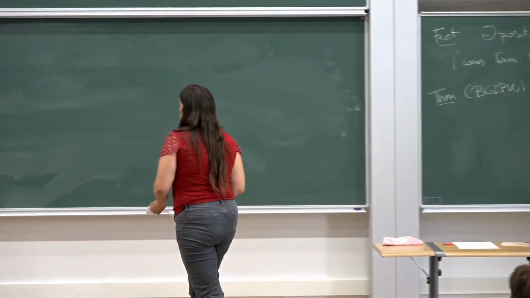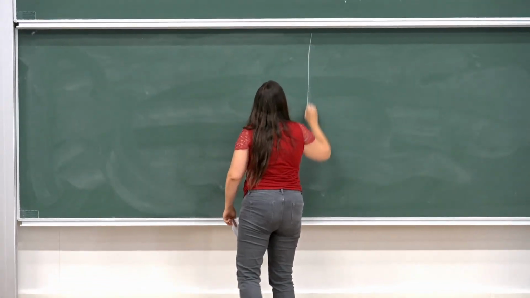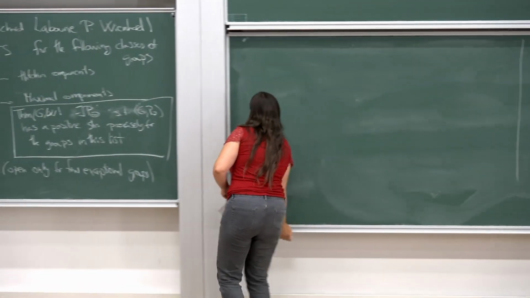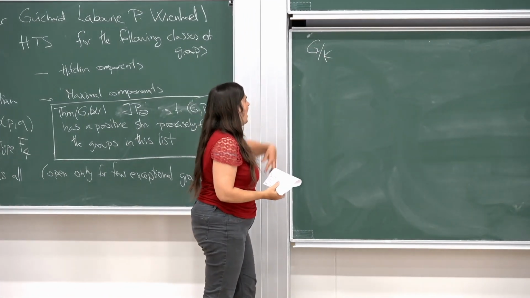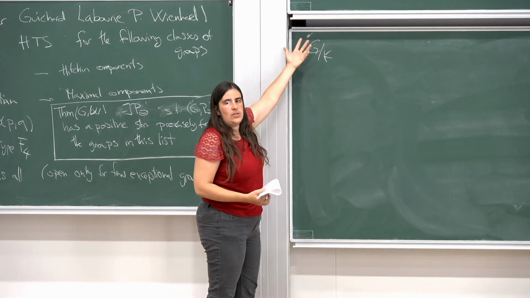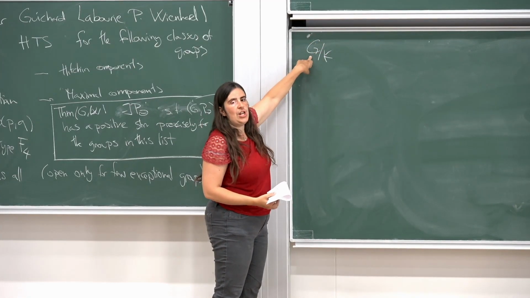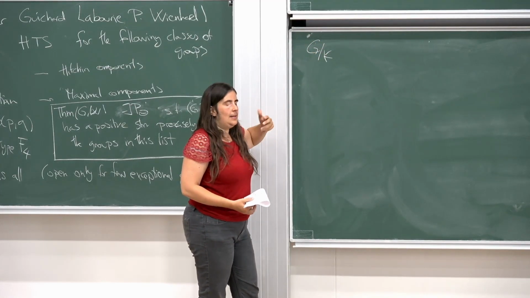So I was telling you that the symmetric space, G mod K, I can think of as a Riemannian manifold on which G acts by isometry. But there is more.